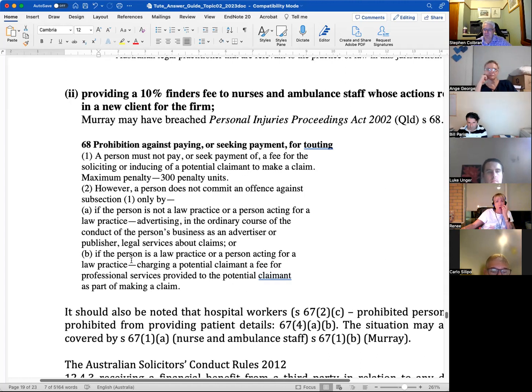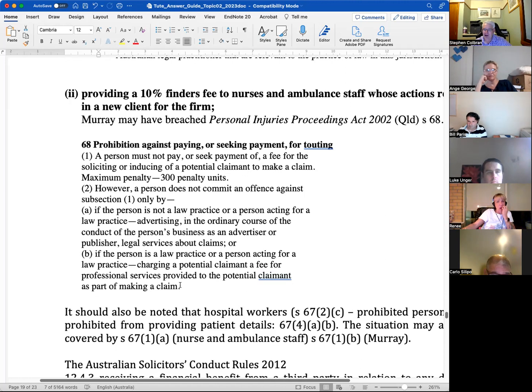What about B? If the person is a law practice or a person acting for a law practice, so this is Murray or our nurse, charging a potential claimant a fee for professional services provided to the potential claimant as part of making a claim.